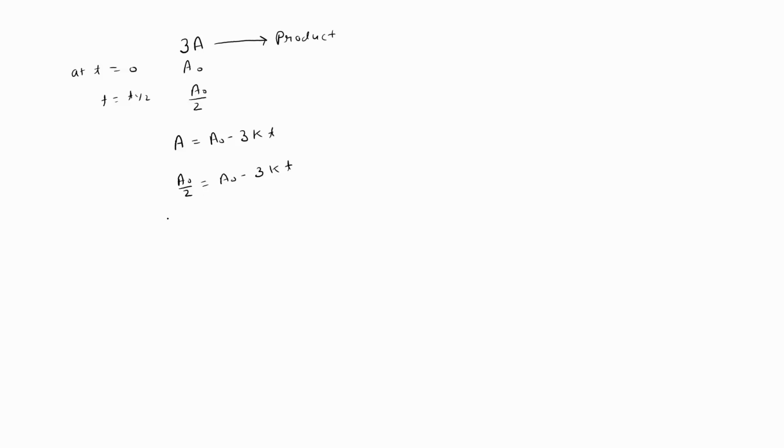So A naught by 2 minus A naught is equal to minus 3Kt. So minus A naught by 2 is equal to minus 3Kt. Minus cancelled. So this t is your t half. So t half is equal to A naught by 6K.